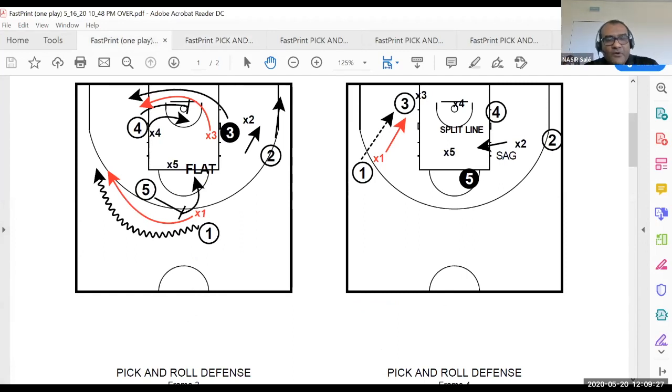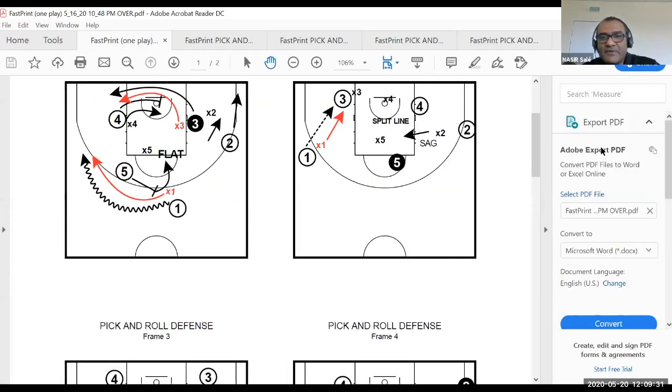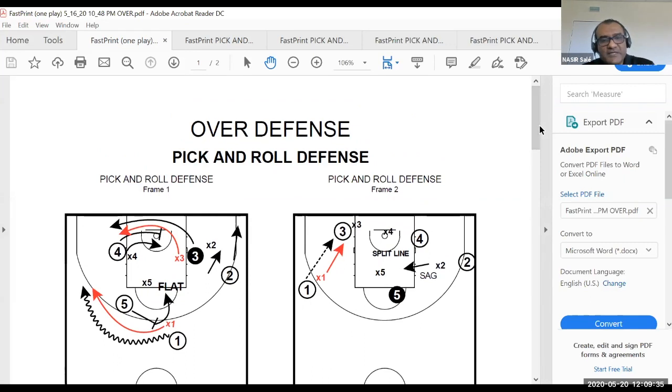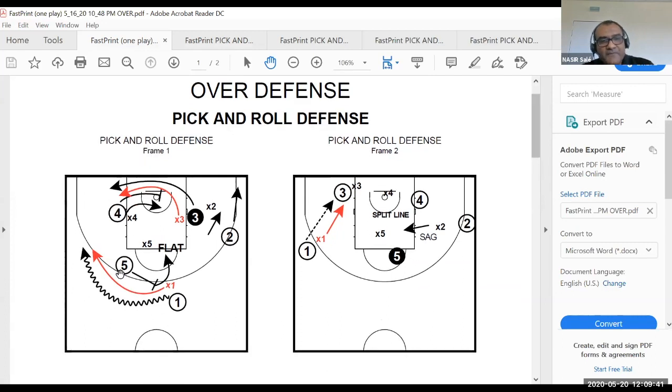Yes. We use now a different diagram, but we need to improve this. This is the first situation we talk about, the over defense. We have this example. If the screen starts in the middle of the zone, we use the over.